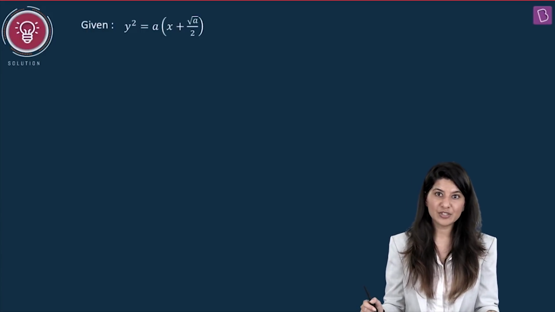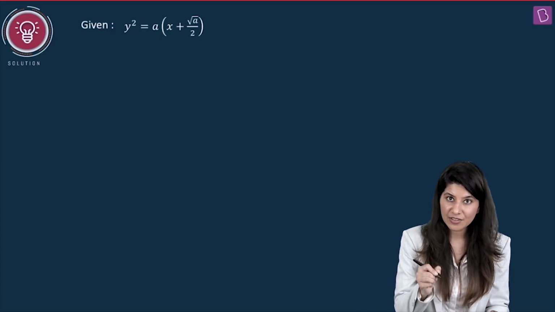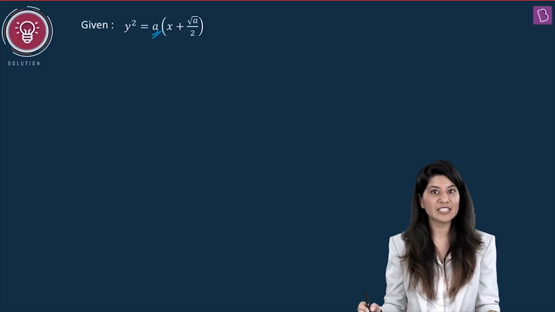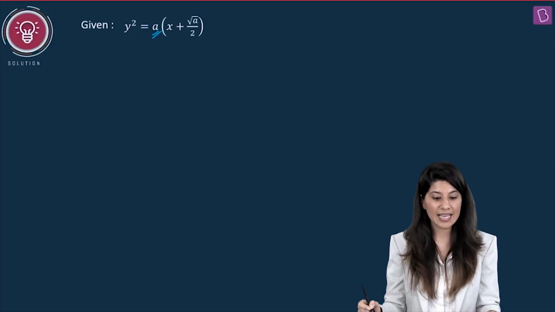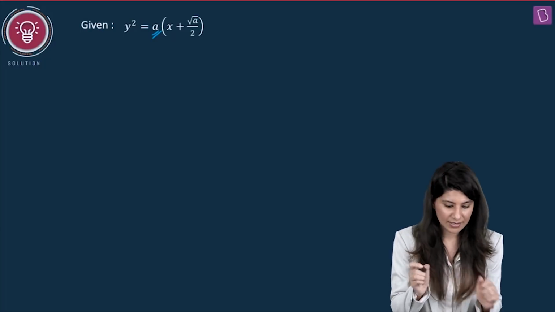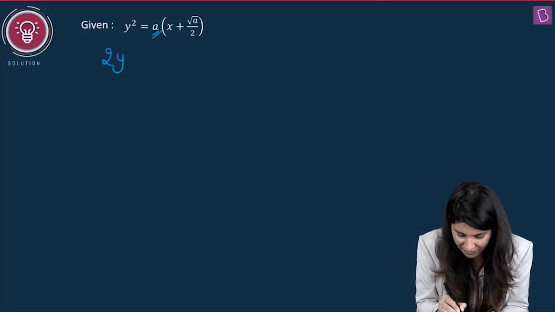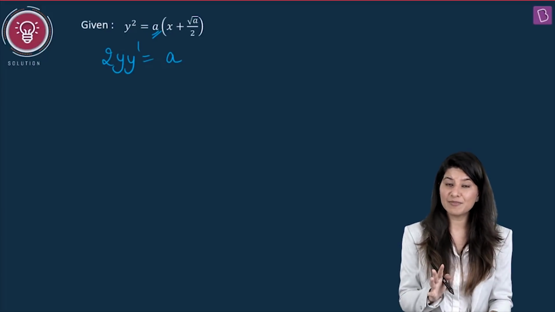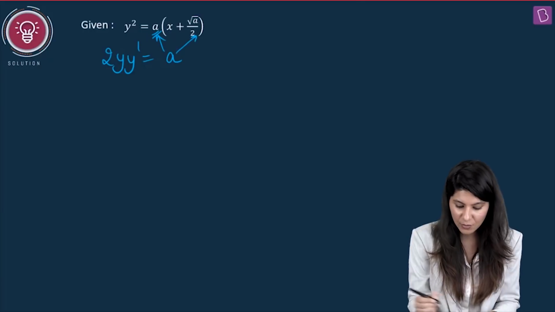How do we form differential equation? By actually differentiating it only once, because here we have a parameter a, single parameter, right? And then we need to get rid of this parameter a. That's all. So let's differentiate 2y dash equals to a. Right, we have got the value of parameter a. Now let's put the value of a over here.